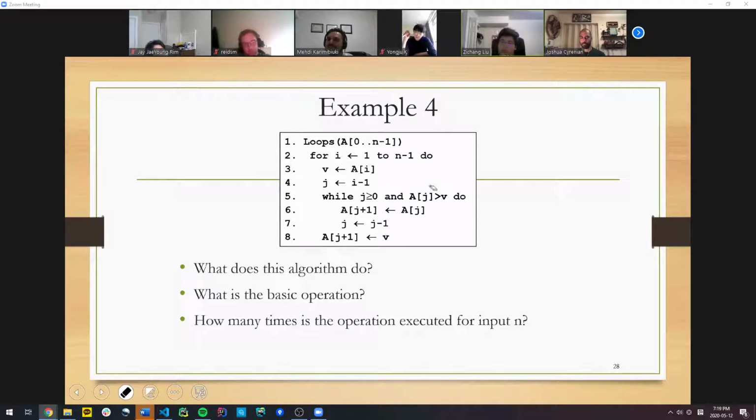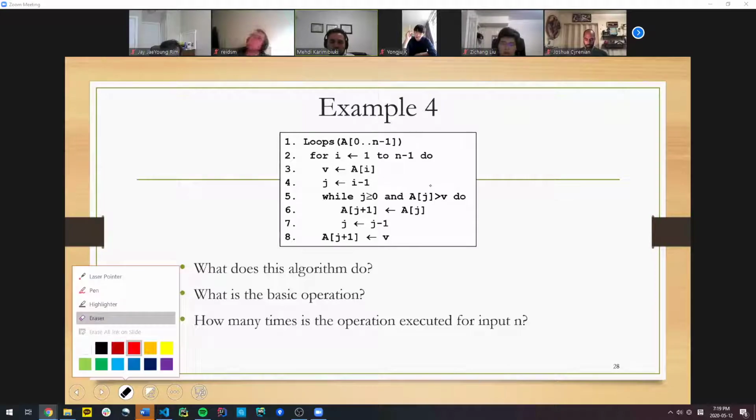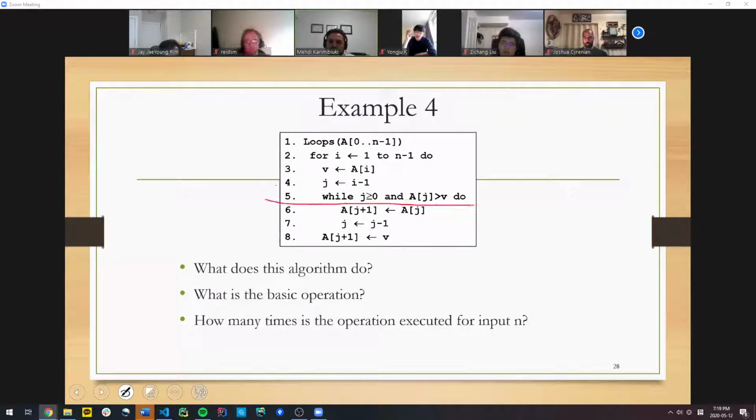Yes, if the array is already sorted. Exactly. Or if A[j] is not bigger than v, so you already have covered this. You already come up to this while loop, and you already do the checking here, but you don't go here because this will be validated to false, right?